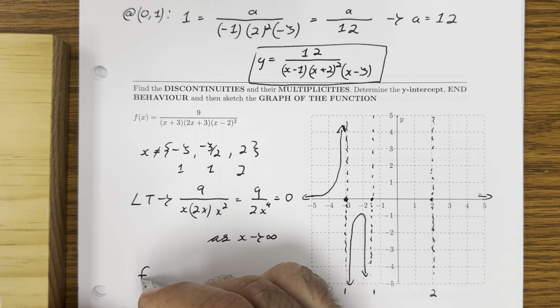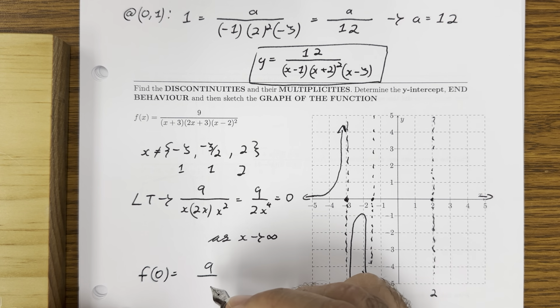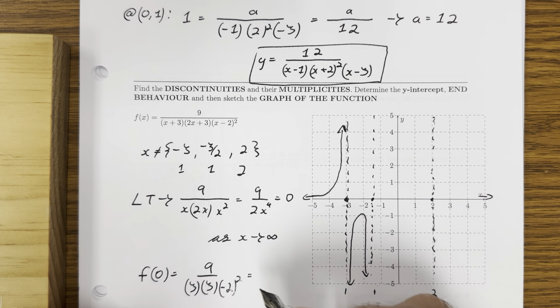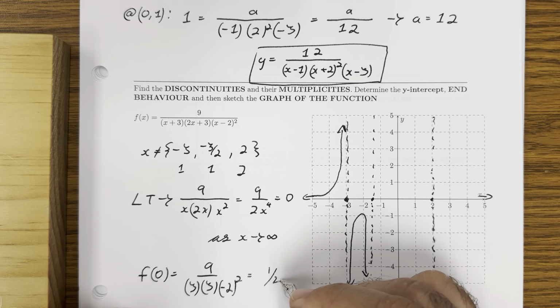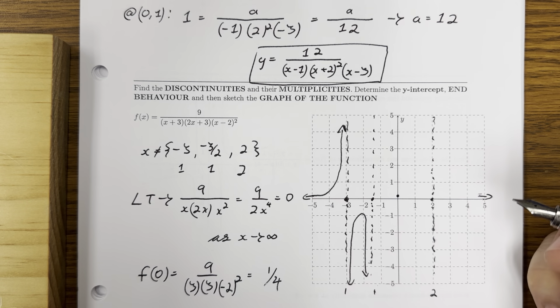Y-intercept happens whenever x is 0, so just plug 0 into the equation, and so we've got 9 divided by 3 times 3 times negative 2 squared, so essentially it'll just become 1/4. So we've got our point right there.